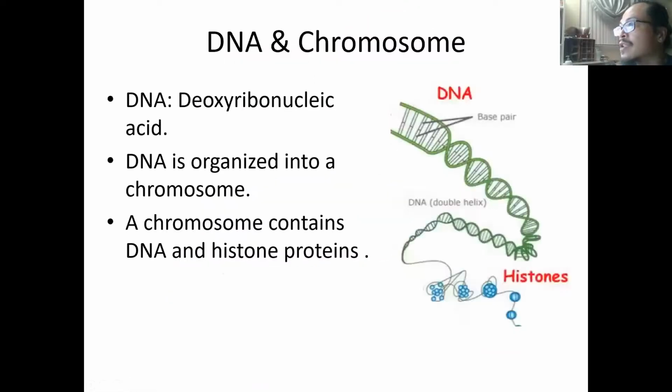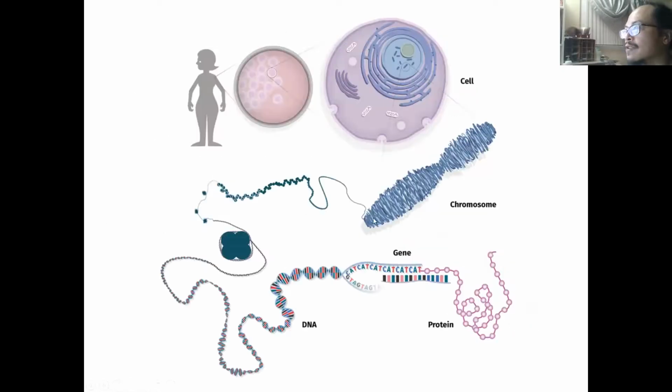So a chromosome contains DNA coding as well as histones. Histones are proteins. So these two are different kinds of molecules. Then we have this chromosome. In the somatic cell, like body cells, we have 46 chromosomes or 23 pairs of chromosomes.